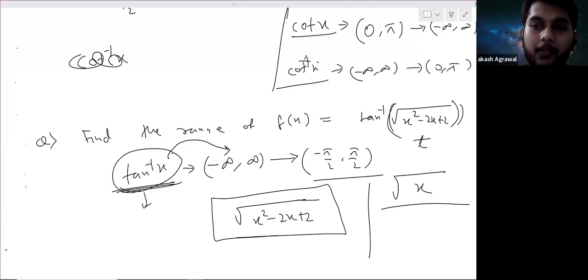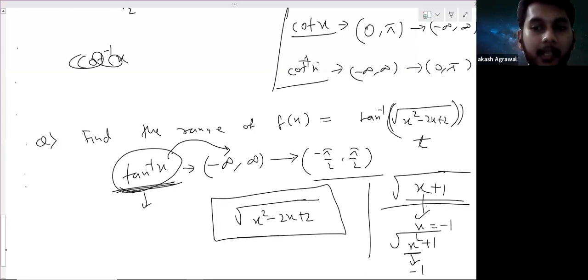If I write x plus 1, also 0 to infinity, because putting x as -1 gives 0. But if I write under root x square plus 1, its value can never be less than 1, so this will be from 1 to infinity.